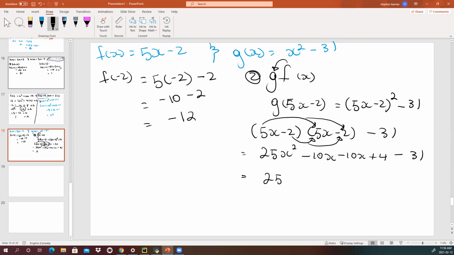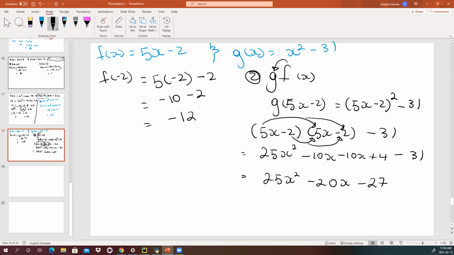So you have 25x squared minus 20x, and this will give you, I think, negative 27. Yes. Positive 4 minus 31 gives you a negative 27.